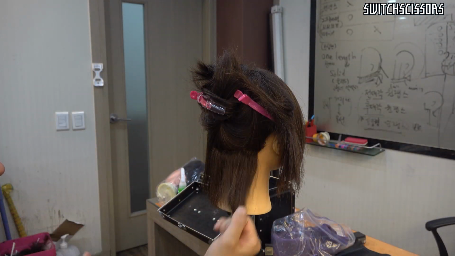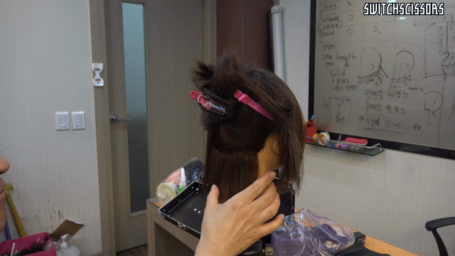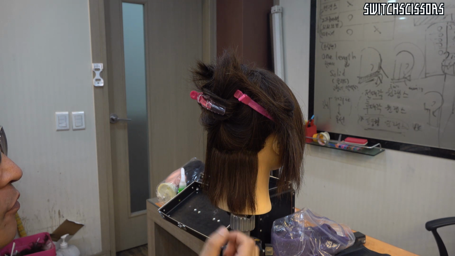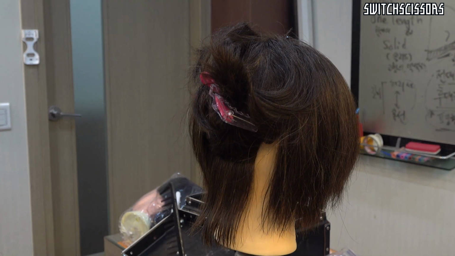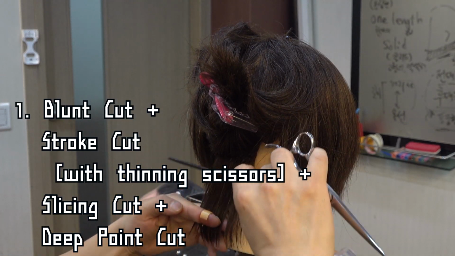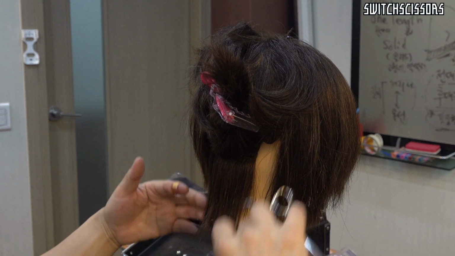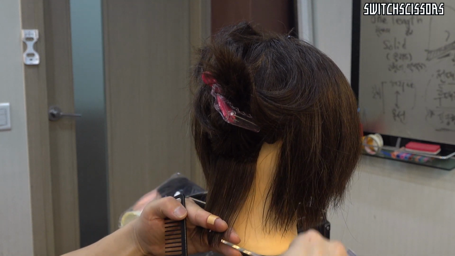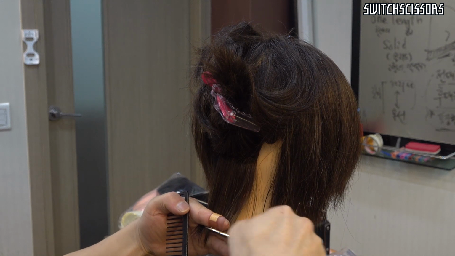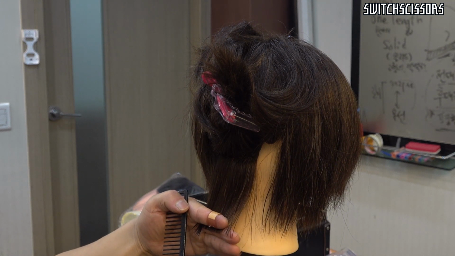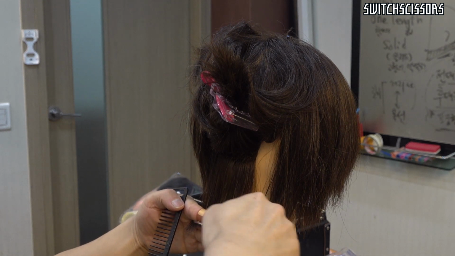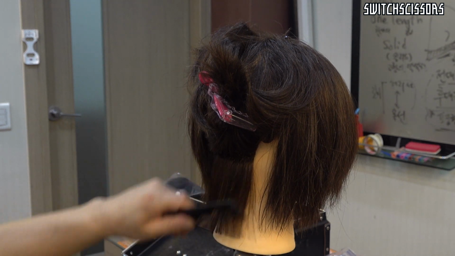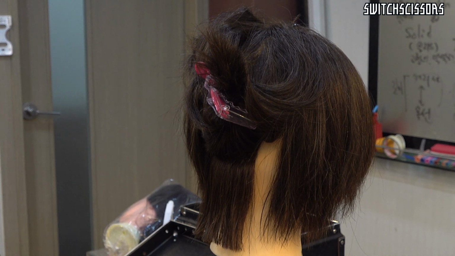Now I explain several haircut techniques for Shaggy hair texture. The first haircut technique is the brush cut technique with the general brush cut, general scissors, and with the thin scissors.